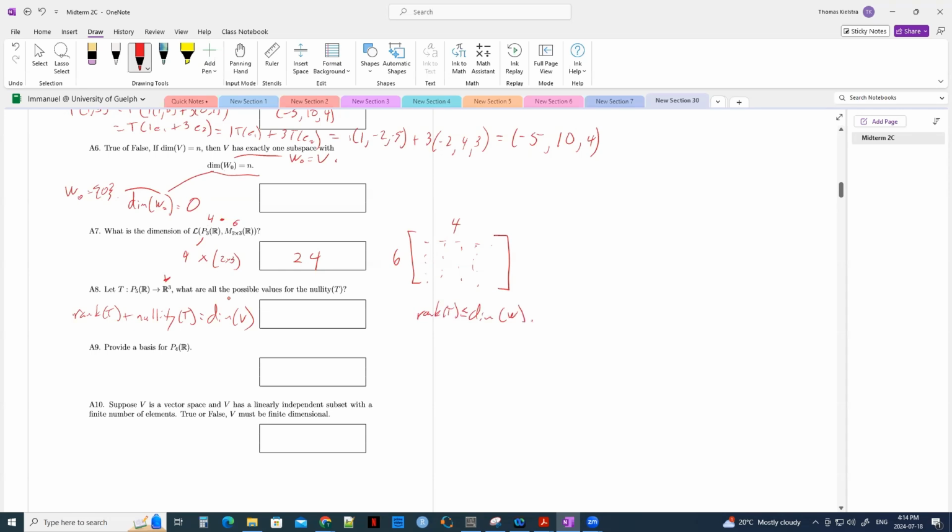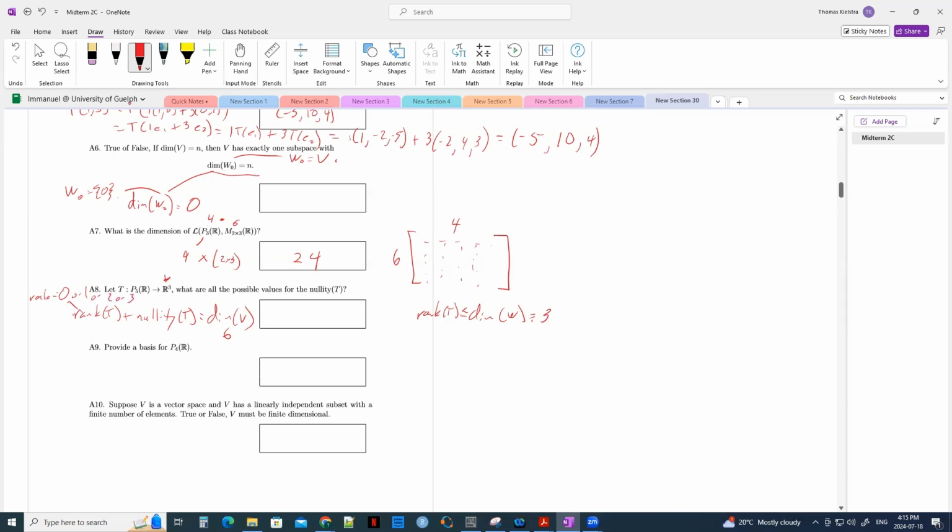So if I know that the dimension of V is 6, and I know that the rank of T is less than or equal to 3, the dimension of W, I know that the rank equals 0, or 1, or 2, or 3.